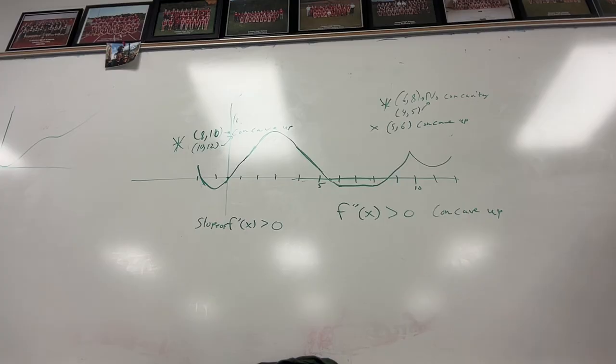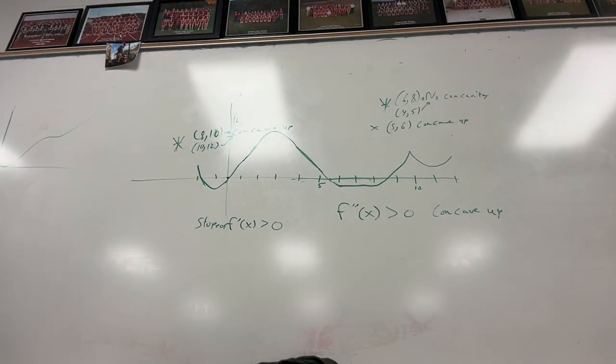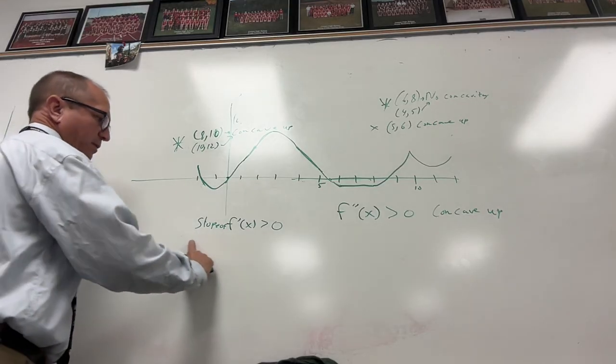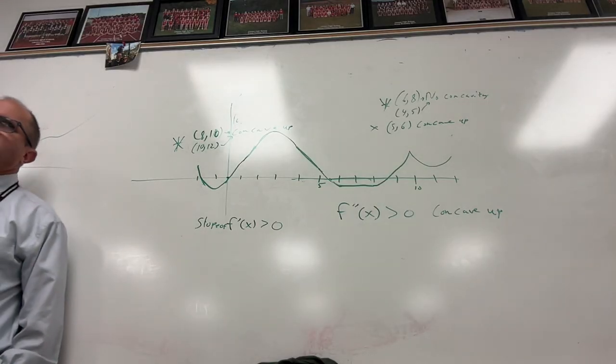All right, so what are y'all gonna tell me here? I'm hoping this is not a tough question, now that we discussed talking about the slope of f prime. Go ahead, Mark.